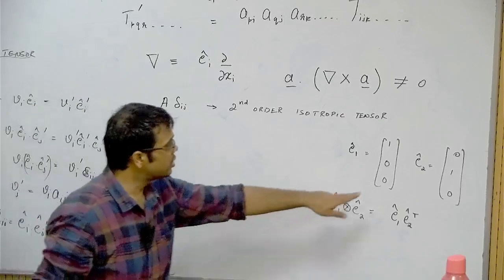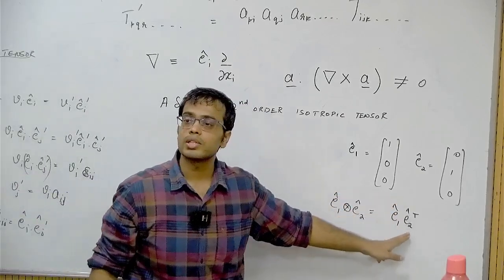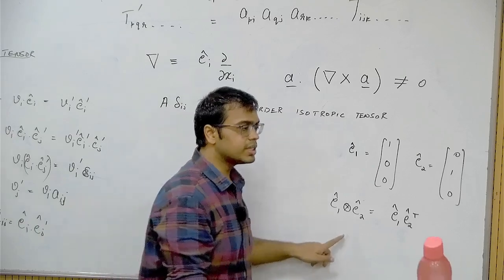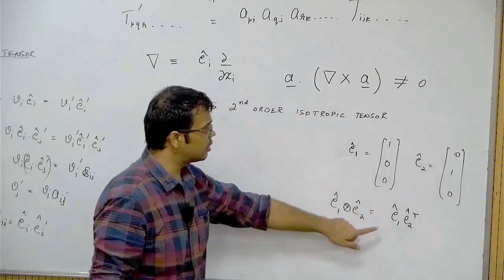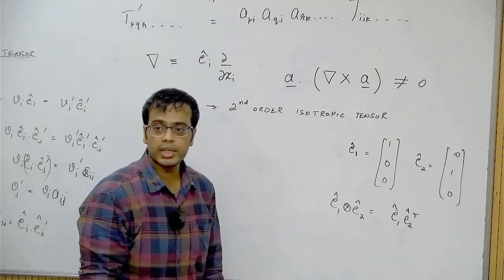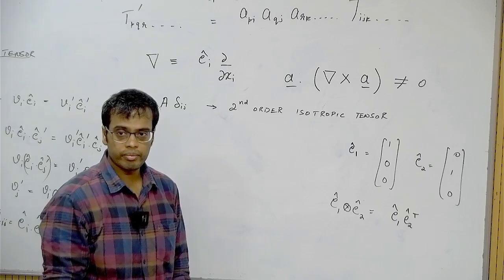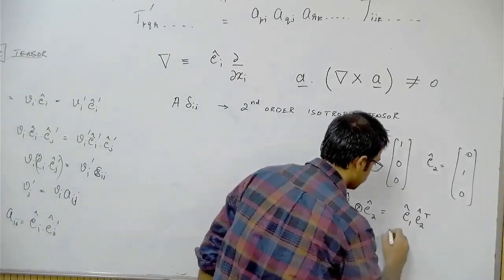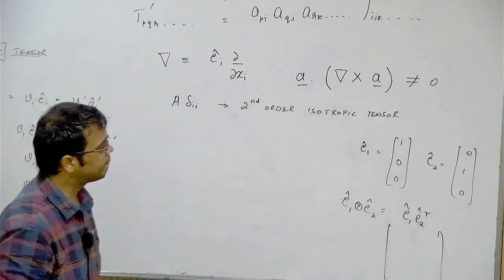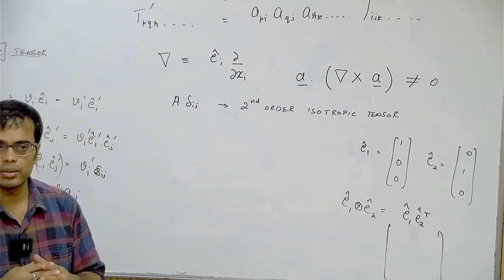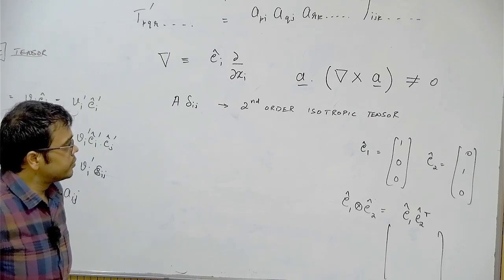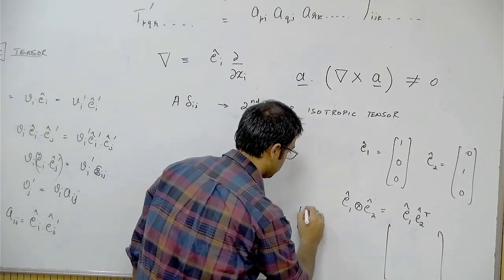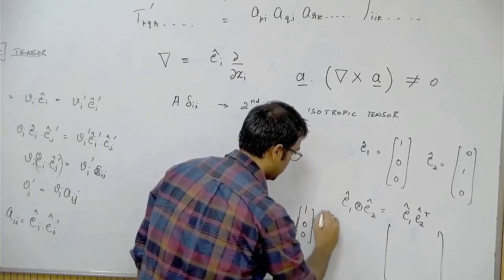Okay. So this is a 3 cross 1. This is going to be a 1 cross 3. What is the product of them going to be? A 3 by 3 matrix. And you can imagine very easily what the components of that 3 by 3 matrix are going to be. What is this e1 e2 transpose going to be? You can do the matrix product now. 1 0 0 times 0 1 0.